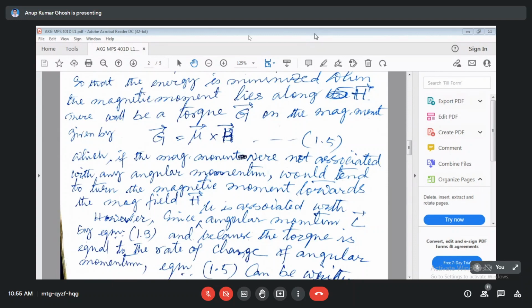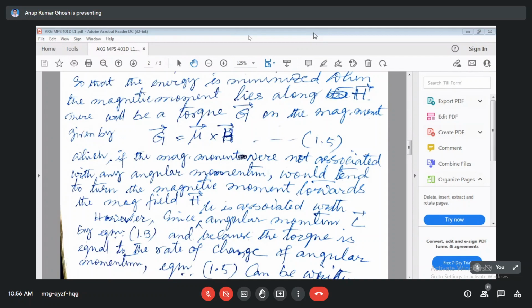And later on we will see that, due to this torque, it will not orient or incline towards the magnetic field, but it will precess with respect to the axis, with respect to the magnetic field. So if the magnetic field is in the z direction, it will precess with respect to that z direction, the magnetic field direction.